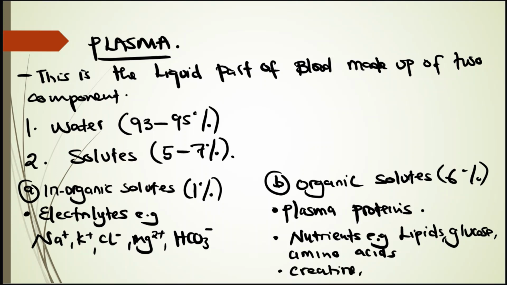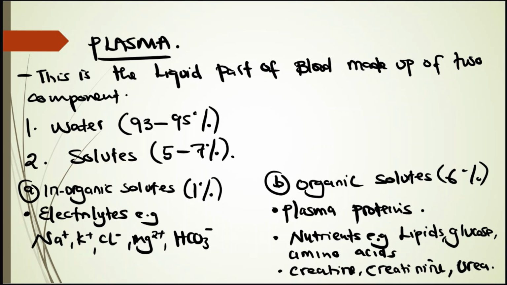Creatine is a fuel that is used to provide energy for the muscles. It's referred to as creatine phosphate. When this creatine is metabolized, it produces a waste product that is called creatinine. So creatinine is also found in plasma, and it is removed from the body by the kidneys together with urea.